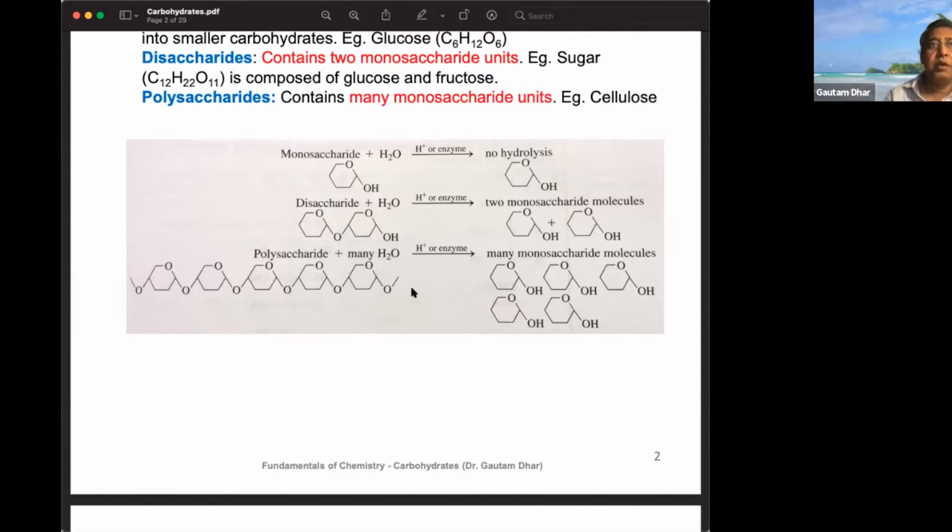In the lab, we have to do elimination reactions to get these ether linkages. But in our body, at our body temperature, 37 degrees centigrade, there are active enzymes that can eliminate these water molecules and put these ether linkages.